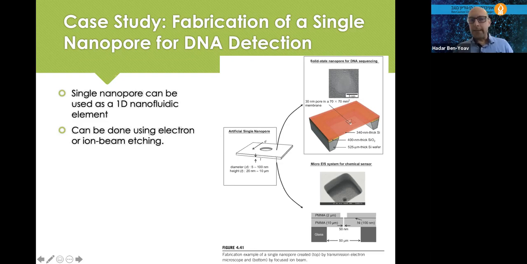So how did they make this kind of 1D nanofluidic element of very, very thin size, a nanopore? They did it by using ion beam lithography, etching. So ion beam etching. Because it's a very fast reaction, they're able to have a very controlled beam of ions.